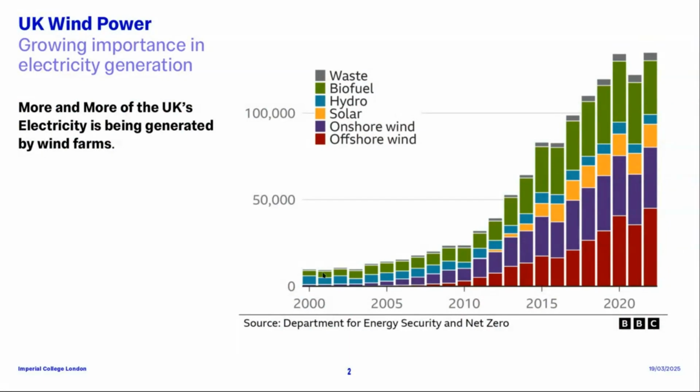You can see here over the last 20 years how it's grown as a proportion of the total energy generation, and it's forecast to continue growing in order to meet net zero targets. We need to transition away from burning fossil fuels and generate more of our power with renewable sources. And in the UK, there's quite a big focus on doing that with wind power.